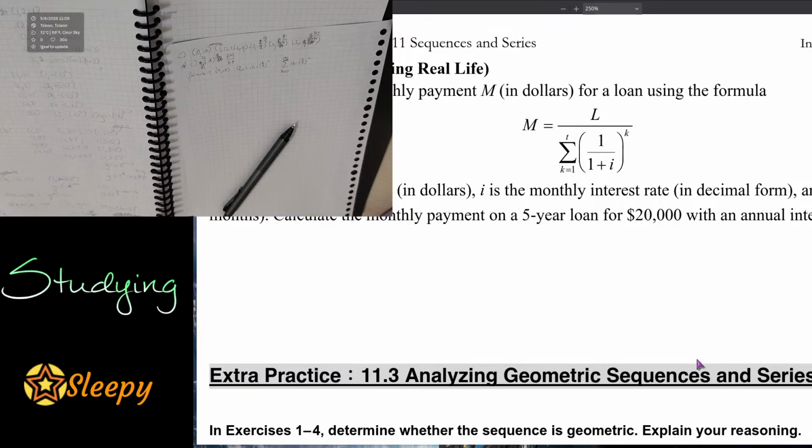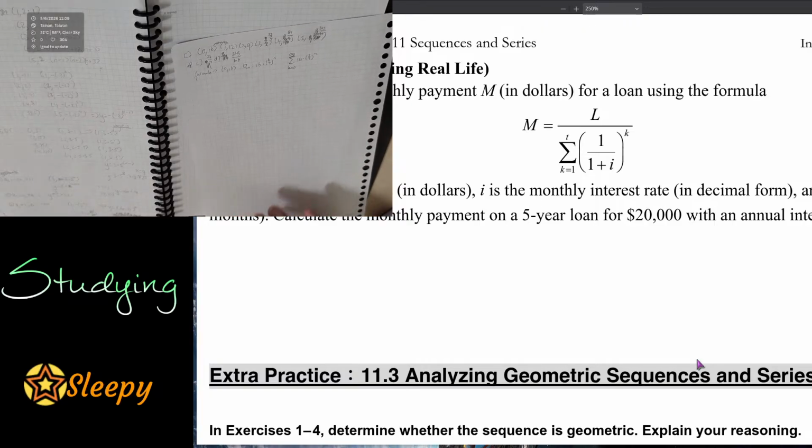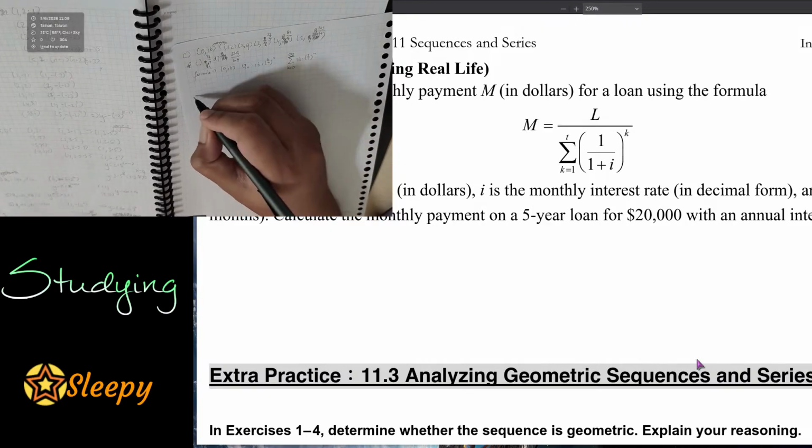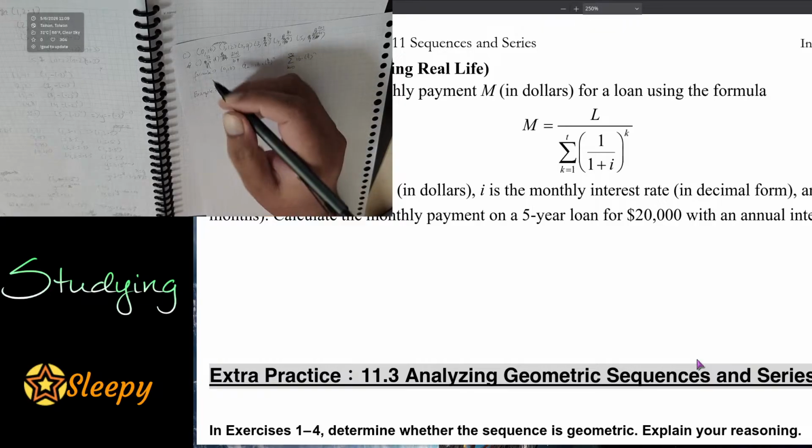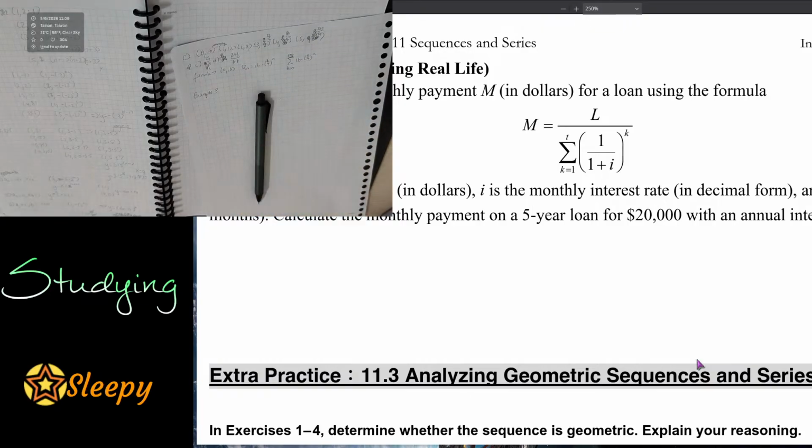Example 8. You can calculate the monthly payment M in dollars for a loan using the formula, where L is the loan amount in dollars, i is the monthly interest rate in decimal form, and T is the term in months. Calculate the monthly payment on the 5-year loan for $20,000 at an annual interest rate of 6%.